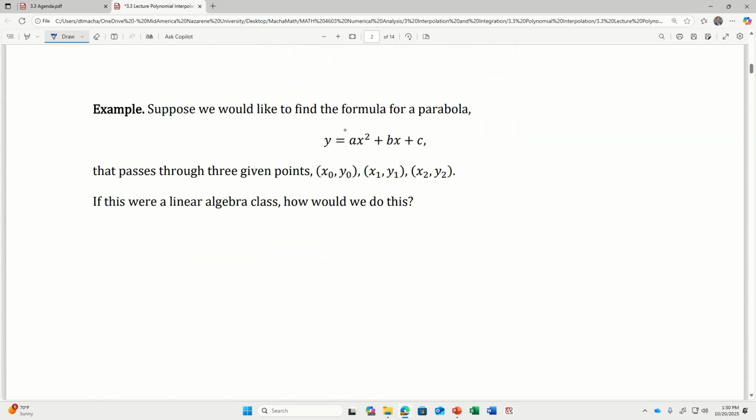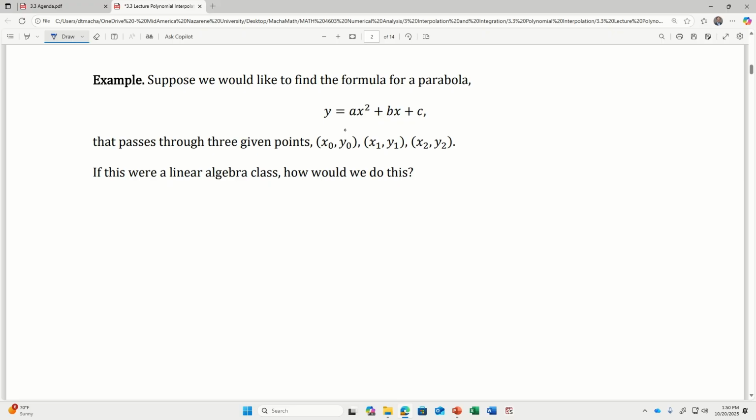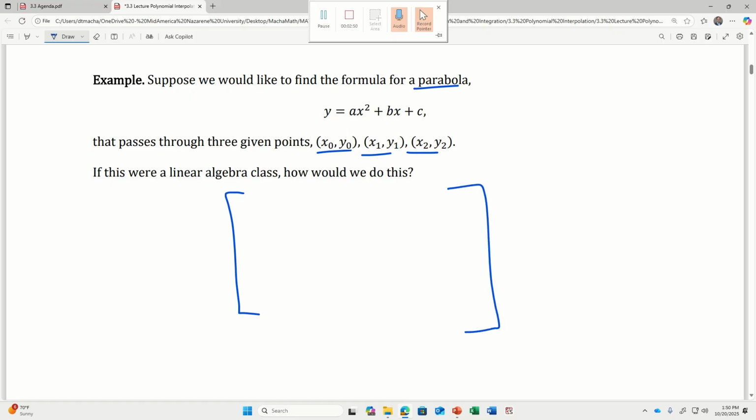But there's a way to do this, and it's not that bad. If I had a situation where I wanted to find the formula for a parabola, like this, and it passes through 3 given points, the way I would want to do this in linear algebra would be set up a system of linear equations where every equation would look something like a times x squared plus b times x plus c equals y.